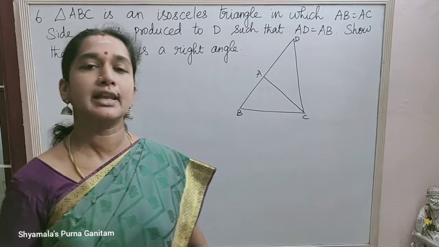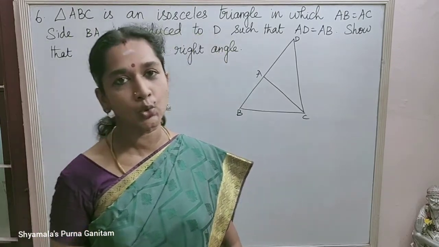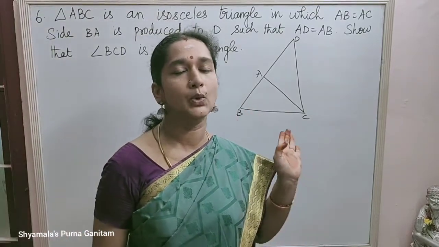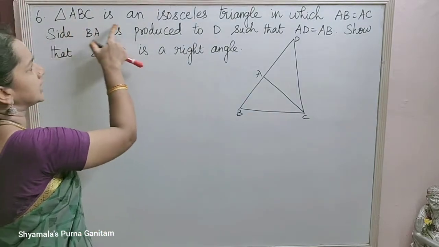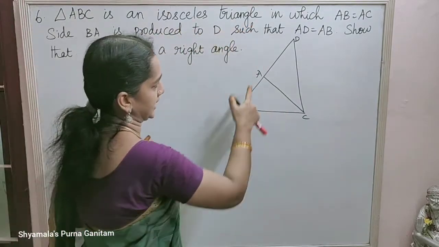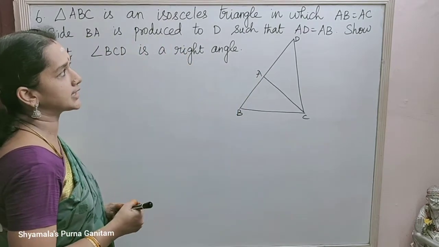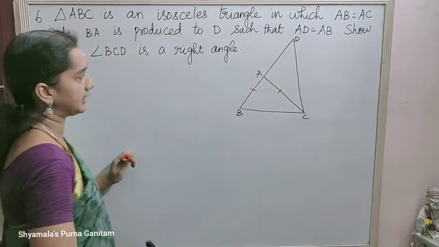We are doing the class 9 triangles chapter, exercise 7.2. Already 5 sums are completed in that, so now we will do the remaining sums. Triangle ABC is an isosceles triangle in which AB is equal to AC.